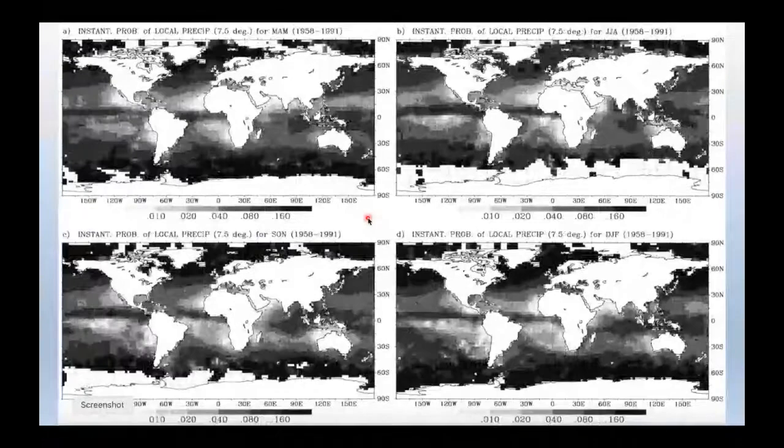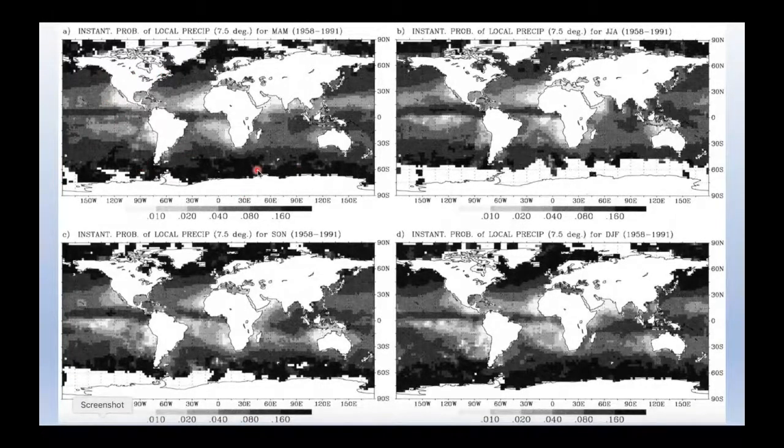But nevertheless, you can set a threshold on how many reports you have to do something interesting with it, and start looking at things like the instantaneous probability of local precipitation for each of the 4 seasons. And we see that, for example, off the coast of North Africa, we're getting less than 1% occurrence of precipitation in that zone. Whereas maybe in the North Pacific, you might be seeing 10% or even more.